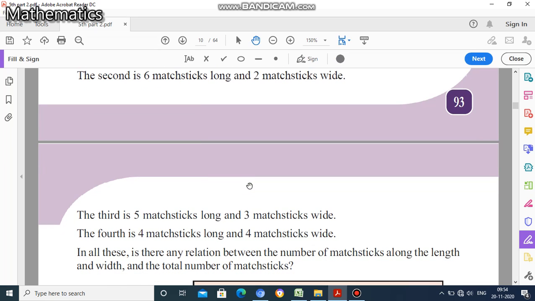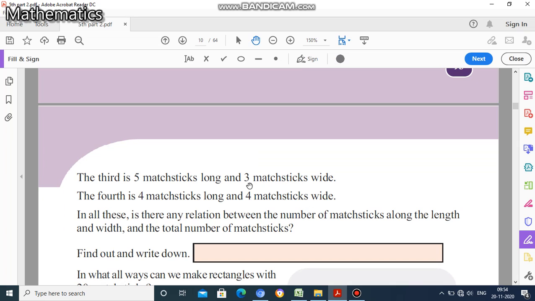Okay, listen to that. In all of these, is there any relation between the number of matchsticks along the length, width and the total number of matchsticks? We found that at first 7 and 1, 7 plus 1 is 8, second 6 and 2, 6 plus 2 is 8, third 5 and 3, 5 plus 3 is 8, fourth 4 plus 4 is 8.